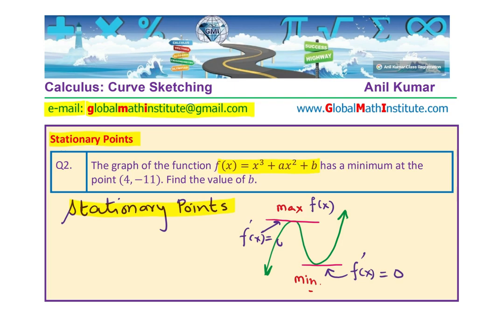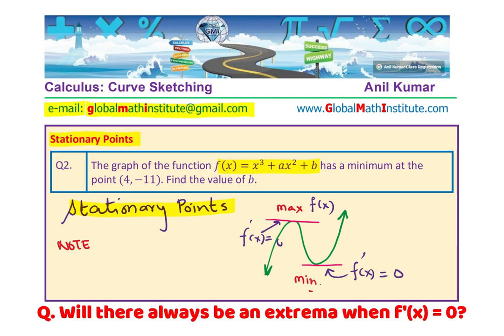Perfect. Also, I'd like you to note one thing, that we have said that stationary points are the ones where the derivative is equal to 0, correct? So that is the definition of stationary points. Consider another function. Let me sketch one for you.